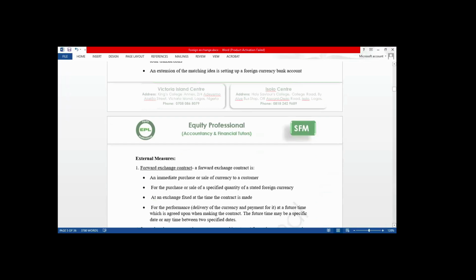We are done with the explanation on internal measures. We now come to external measures. Remember the external measures. Forward exchange contract.